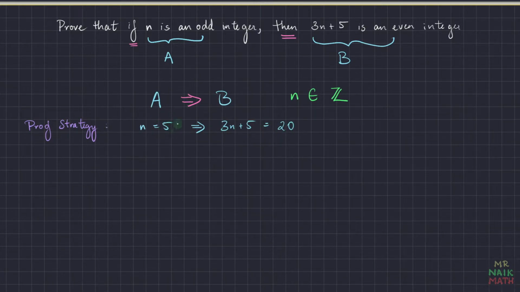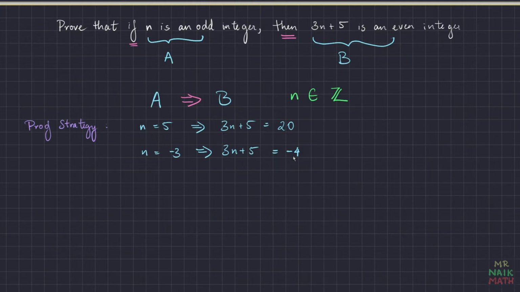Notice that when we plugged in an odd integer for n, we got an even integer as 3n plus 5. Okay, let's try some other odd integer for n. Let's say n equals negative 3. So when n is negative 3, what is 3n plus 5? It becomes 3 times negative 3 plus 5, which is negative 9 plus 5, and that is negative 4. Notice that this is also an even integer.